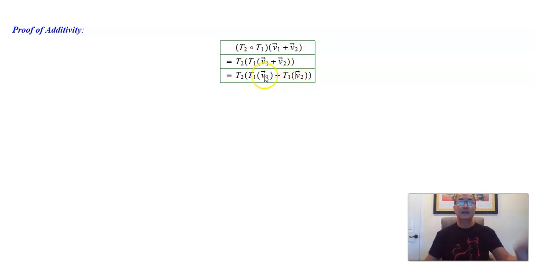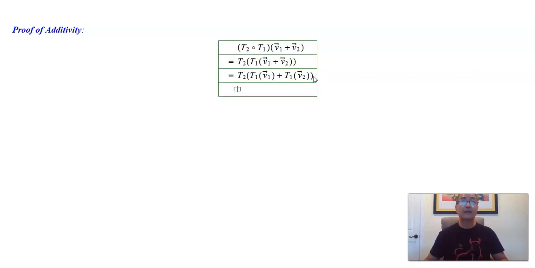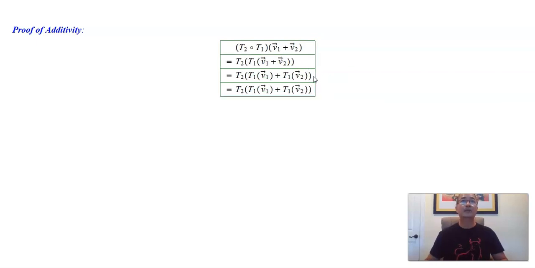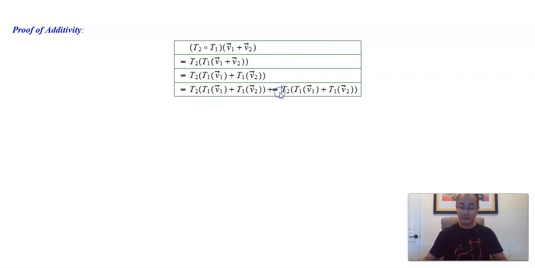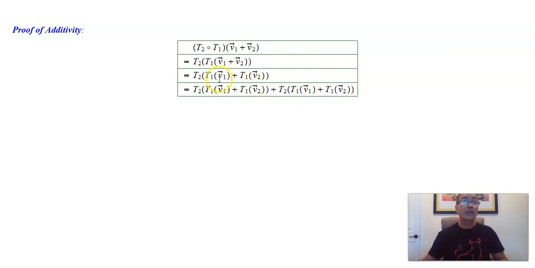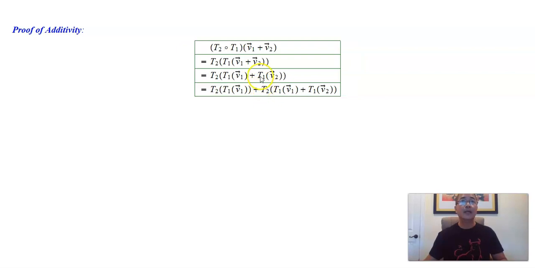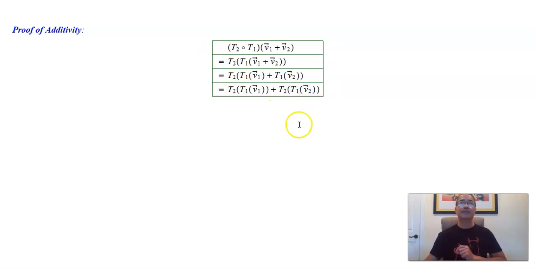Okay, next step. This is input into t2, but t2 is also additive. So we can rewrite that expression also as a sum of two terms. So input this term into t2, so that has to go, and input this term into t2, so that has to go.